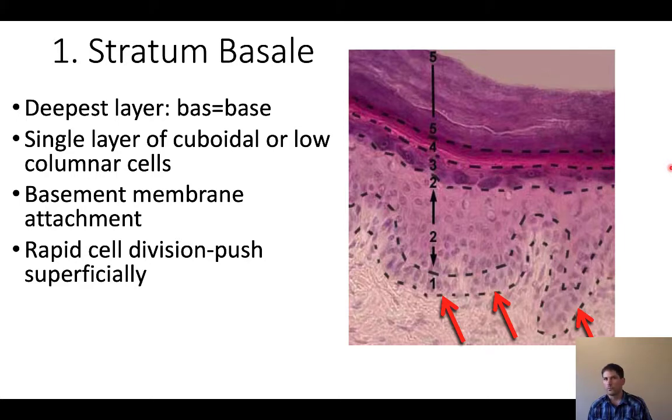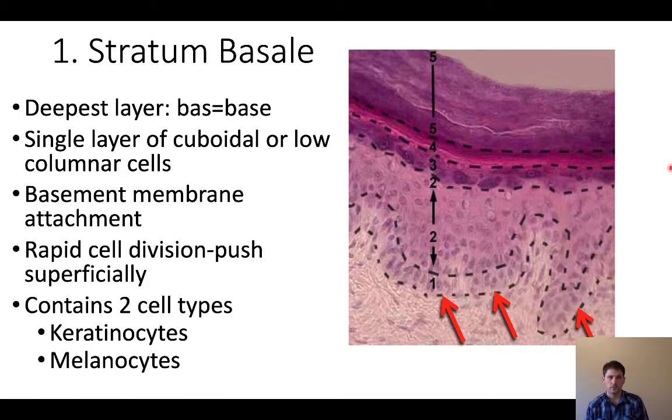Quick question, what are the structures that we learned about that are holding those basal cells to the basement membrane? Those would be hemidesmosomes, holding those down there at the bottom. Those are our anchoring connections.